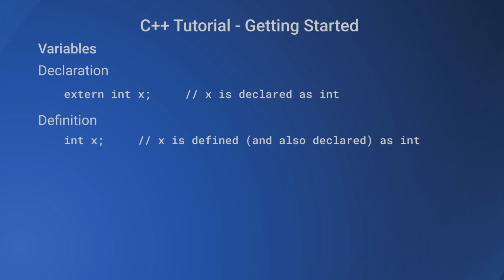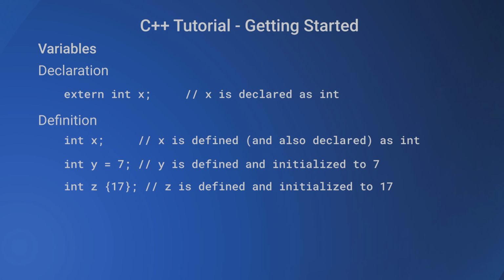If x is a global variable, then it is initialized to 0 by default. If x is a local variable, it is not initialized, it contains a junk value. It is a good practice to initialize a variable explicitly, and we can say int y = 7, and y is defined and initialized to 7.